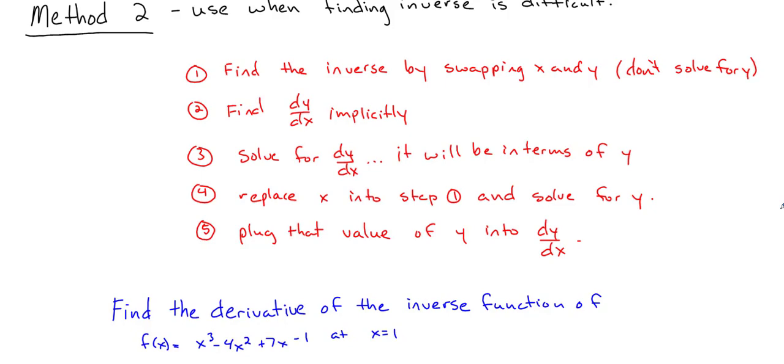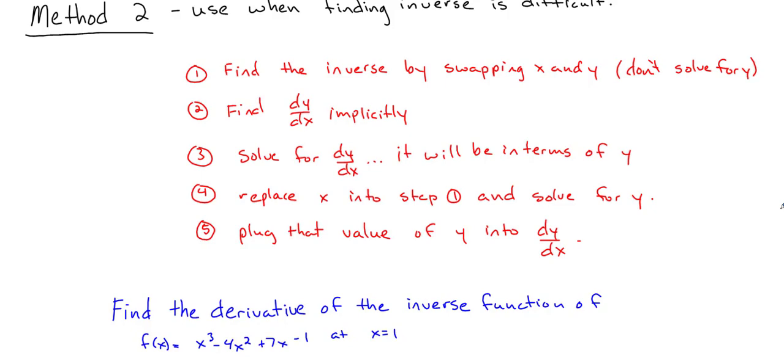Step 1, find the inverse by swapping x and y. And at this time I wouldn't solve for y. Step 2, find the derivative implicitly. Step 3, solve for dy dx. It will be in terms of y.